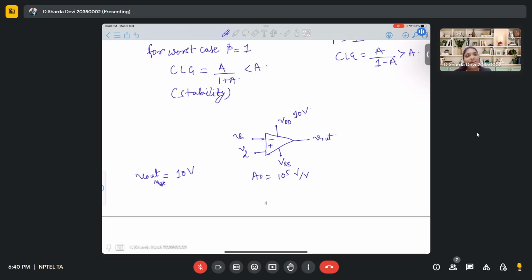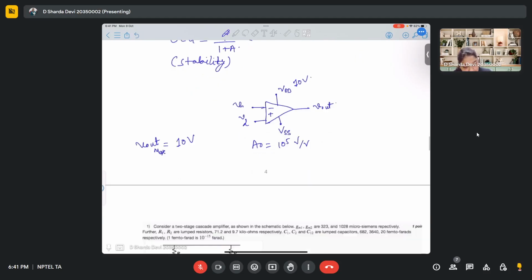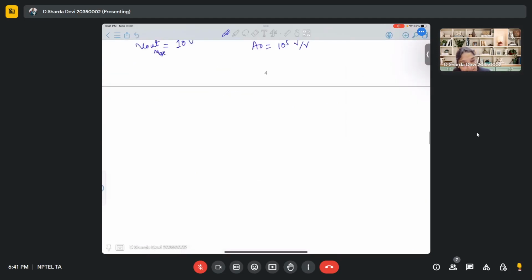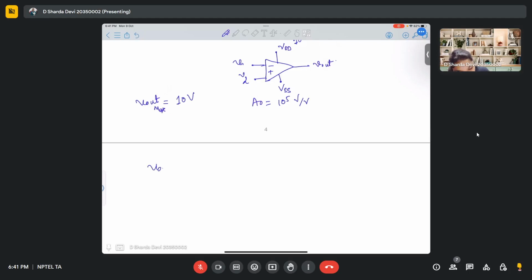But you want to see a linear progression, right? If you are giving an input, you want to see an output from your op-amp rather than a straight line at 10 volts. So for a gain of 10 to the power 5, you know that V out is A naught into (V1 minus V2), and this can go maximum till 10 volts.